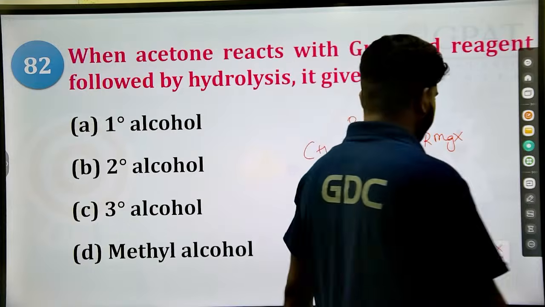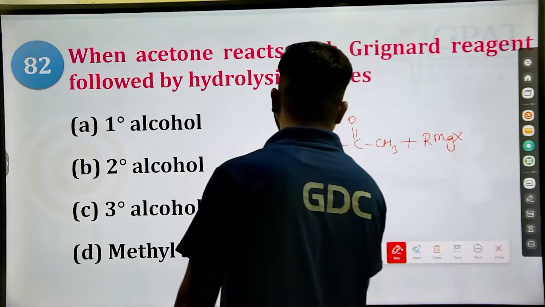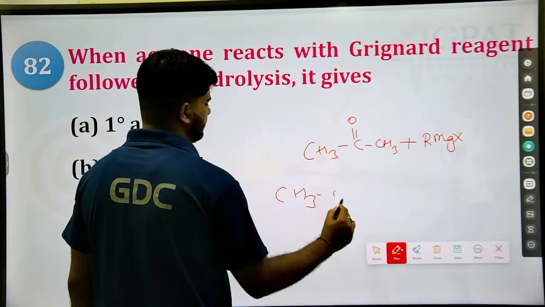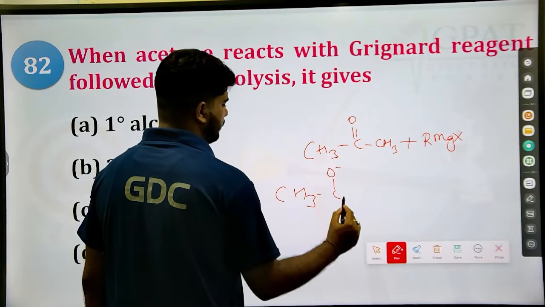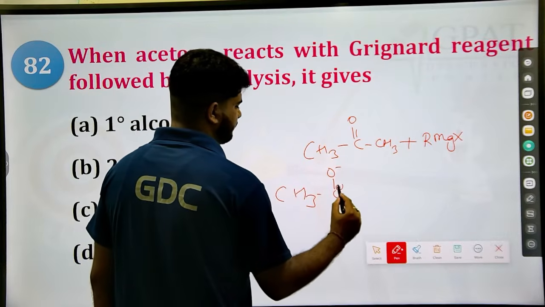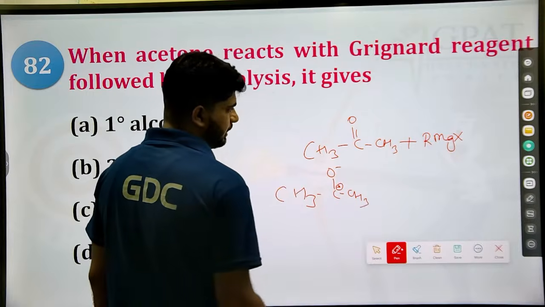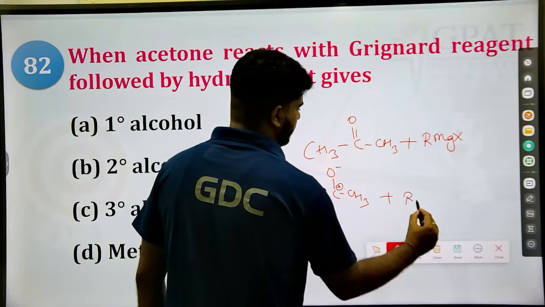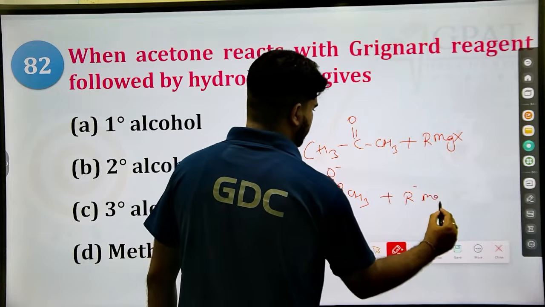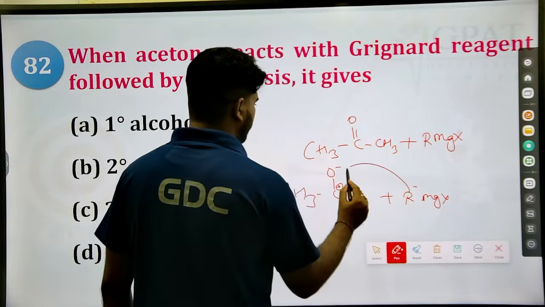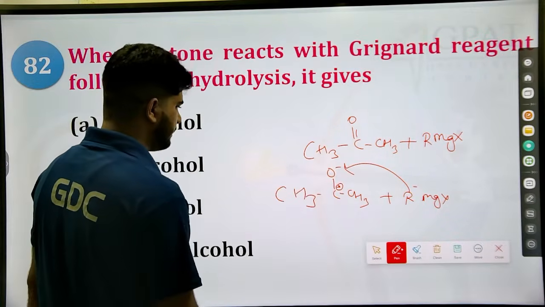What is going to happen? CH3, C double bond O, with O negative over here and C plus over here, and CH3 here, plus R minus MgX. So R will be going onto this side, right?